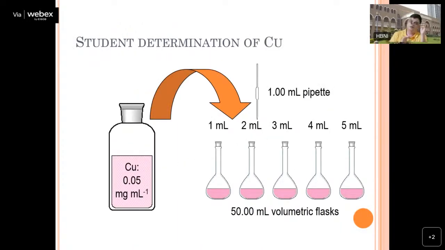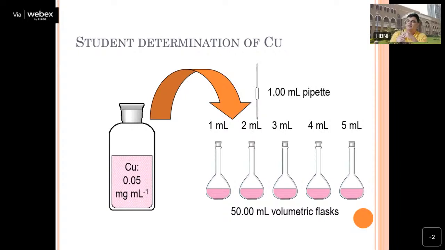So this is how, as I told you from the beginning, the equipment gives a signal, and you have to tell the software at what concentration this signal is coming. That's why we have to do the calibration. In this particular case, it shows the analysis of copper. You have a stock solution of about 50 ppm.